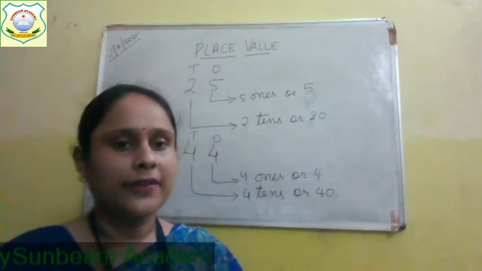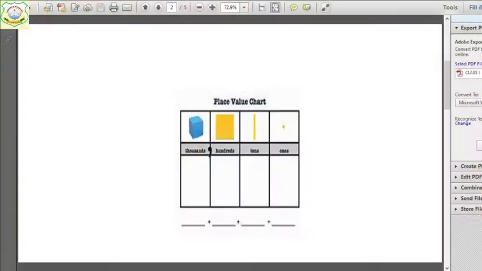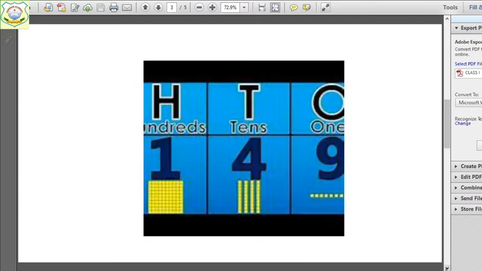Now again we will see some of the slides. Up to here we have seen. Now again we will proceed. Come to the next slide. Again see children. Which number is at ones place? Yes, you are correct. 9 is in ones place. Then which number is in tens place?